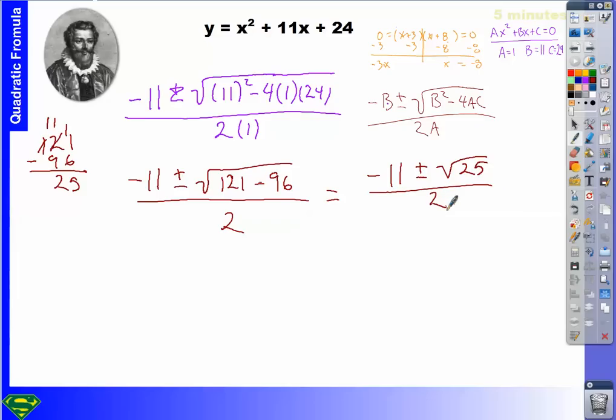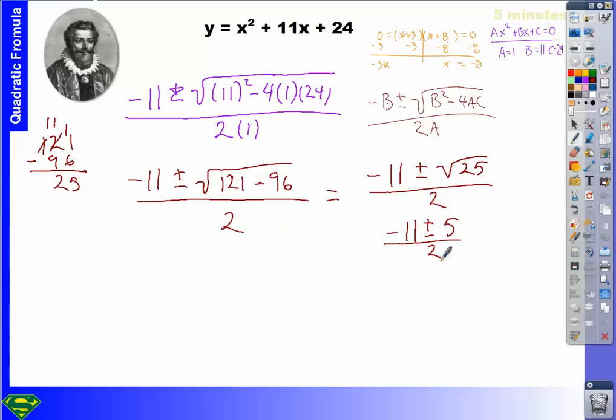What is the square root of 25? 5. So we are left with -11 plus or minus 5, over 2. Now at this point in our problem, we are going to have to split this problem into 2 different worlds.